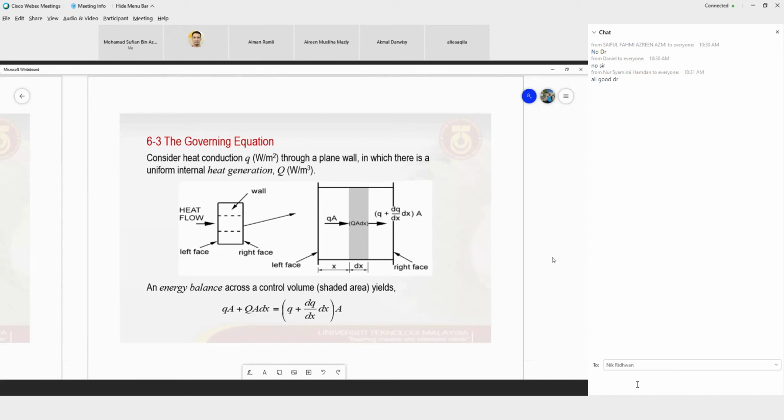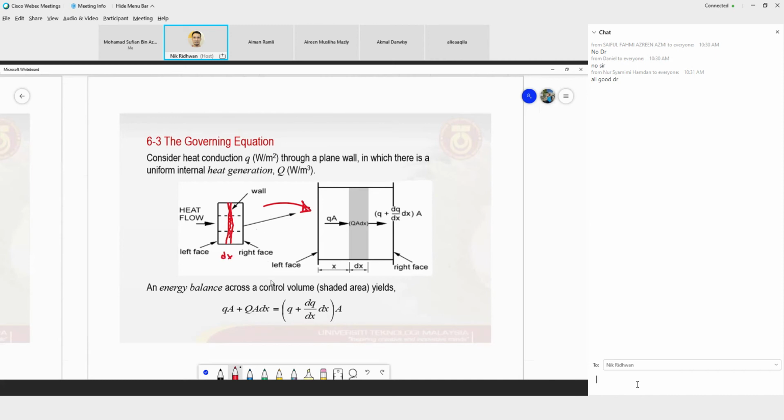Okay, now we continue. If we consider that I have this plane wall and I take one small portion of this wall, this small portion of size dx, I enlarge it. This is what we will see if we enlarge this figure here.